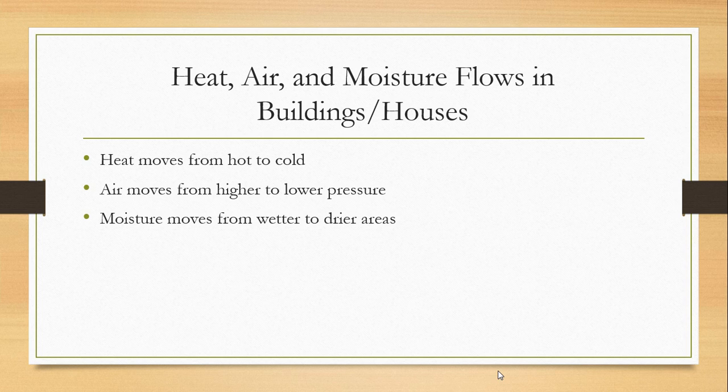So that is something that would need to be addressed. Similarly, air moves from higher to low pressure areas, and moisture moves from wetter areas to drier areas. So if you have a concern about mold buildup, you'd want to pay attention to how the moisture is moving if moisture enters into your building.